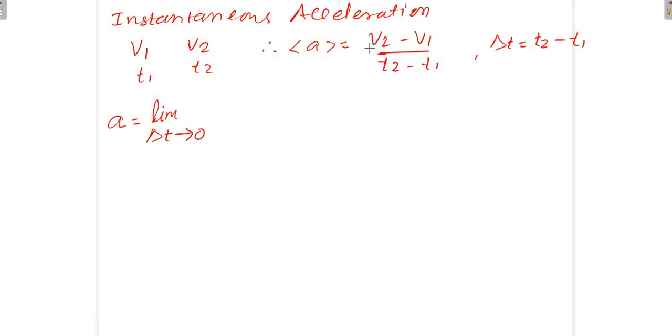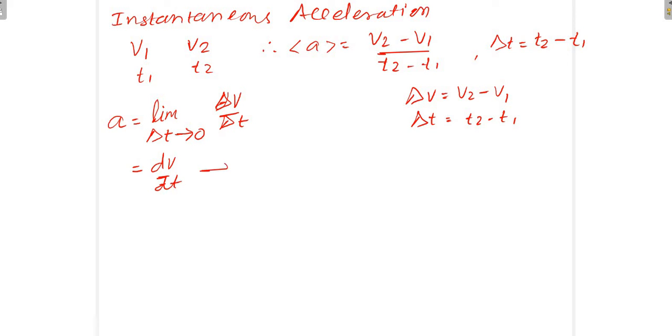So at that time, the difference of velocity is called, you can say delta V, and this is delta T. What is delta V? It is the change in velocity. Delta T already written, change in time or time interval, right? So this is the instantaneous acceleration, and this is mathematically given as dv by dt.